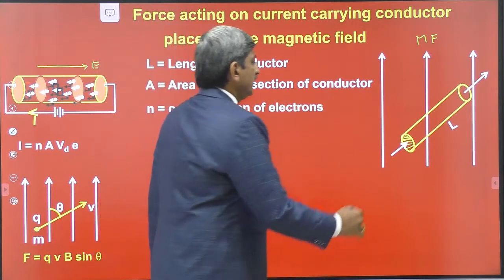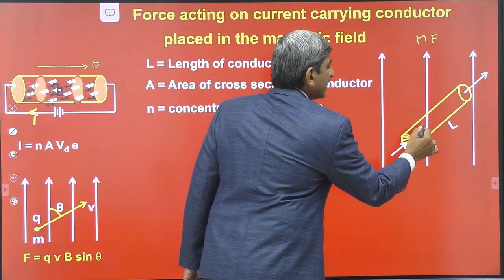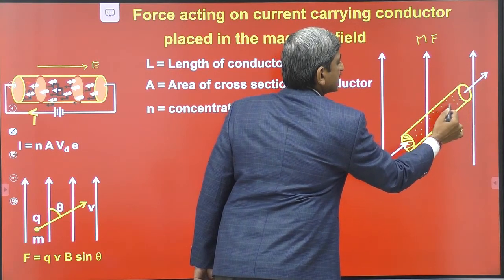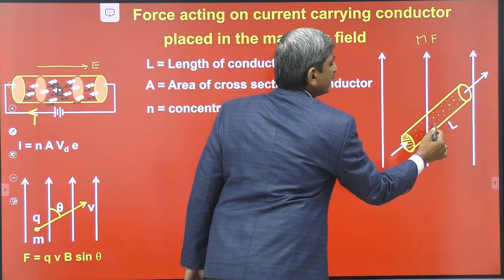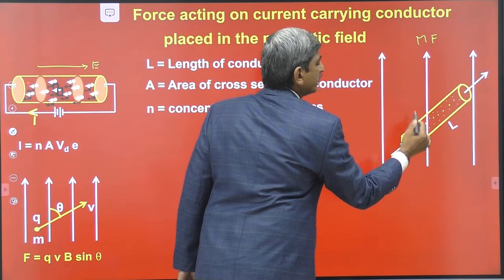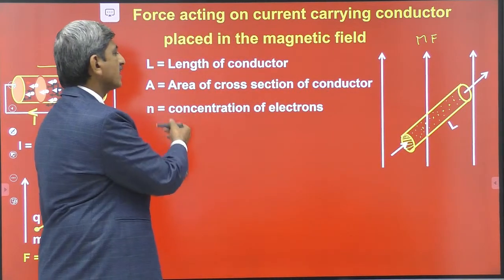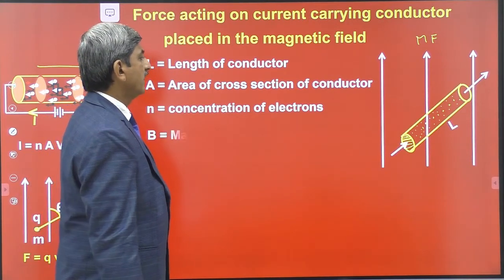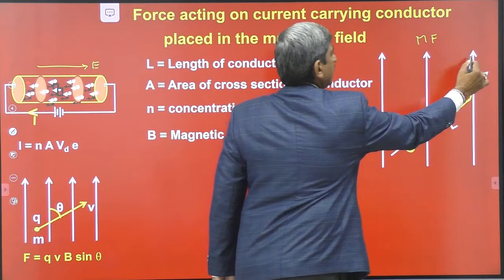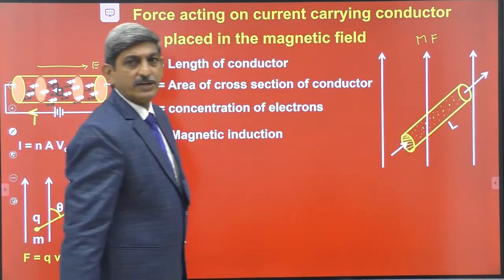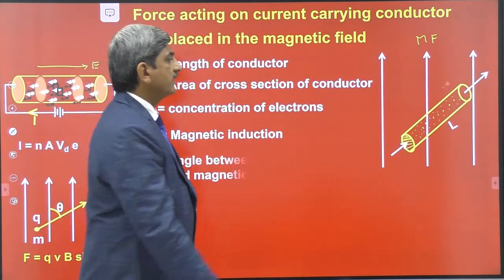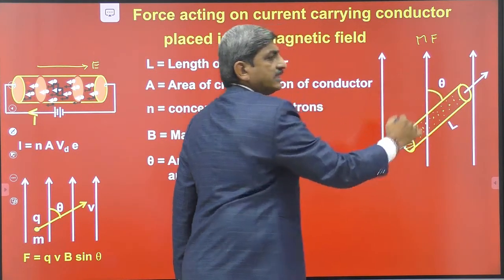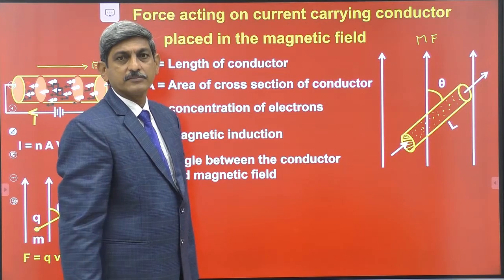Suppose n is the concentration of the free electrons in the conductor. Concentration means the number of free electrons per unit volume. Let B be the magnetic induction of this magnetic field, and let theta be the angle between the conductor and the magnetic field.